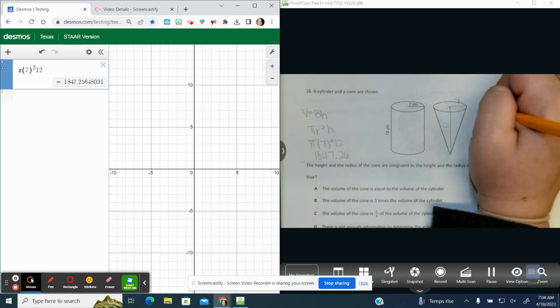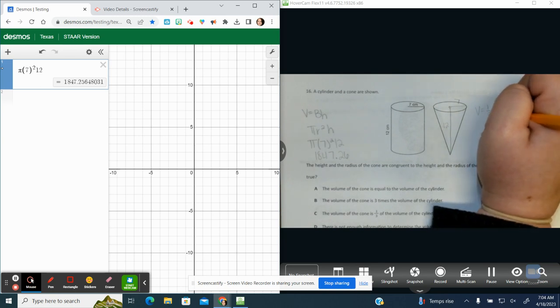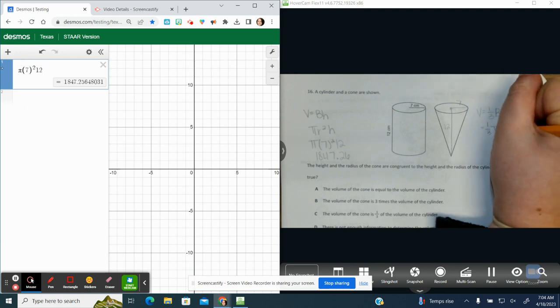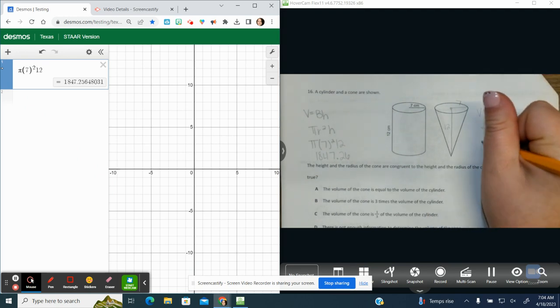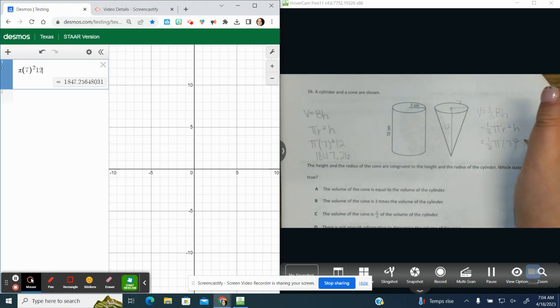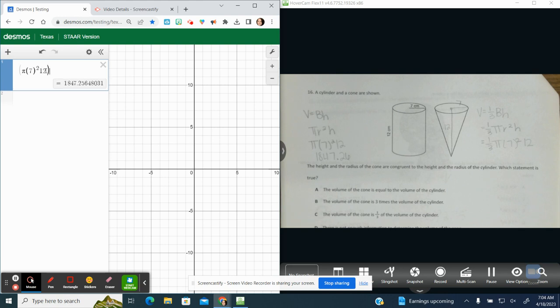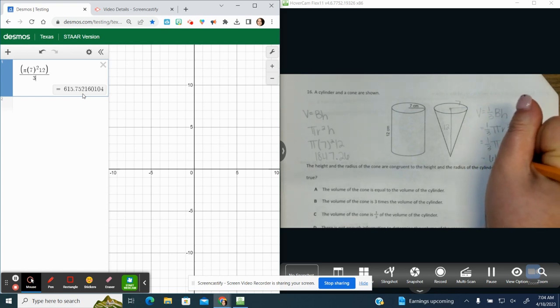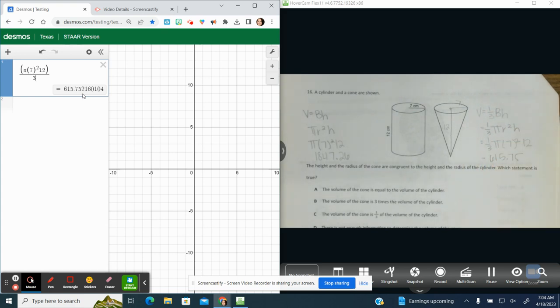And for a cone, it's V equals 1/3 big B h, where we plug in pi r squared for big B again. So 1/3 pi times 7 squared times 12. So I can just divide this whole thing by 3, and I get 615.75.